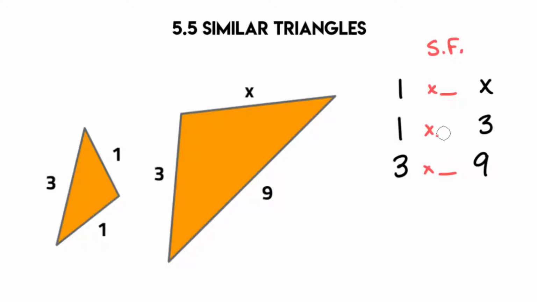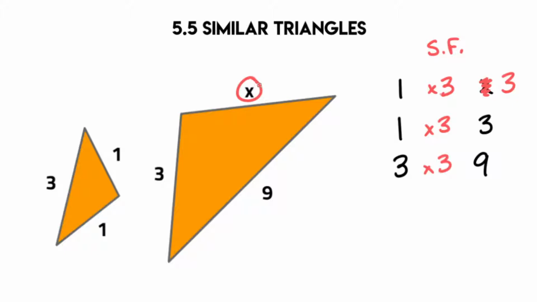Well, this number would have to be 3. I can even double check it down here. 3 times blank gives me 9. This would have to be 3 as well, which means if these are similar triangles, this would have to be a 3, which means my missing x value, 1 times 3, would be 3.